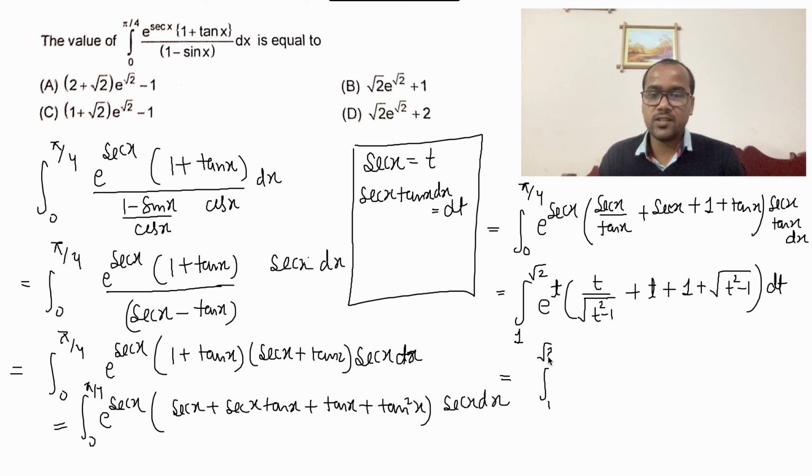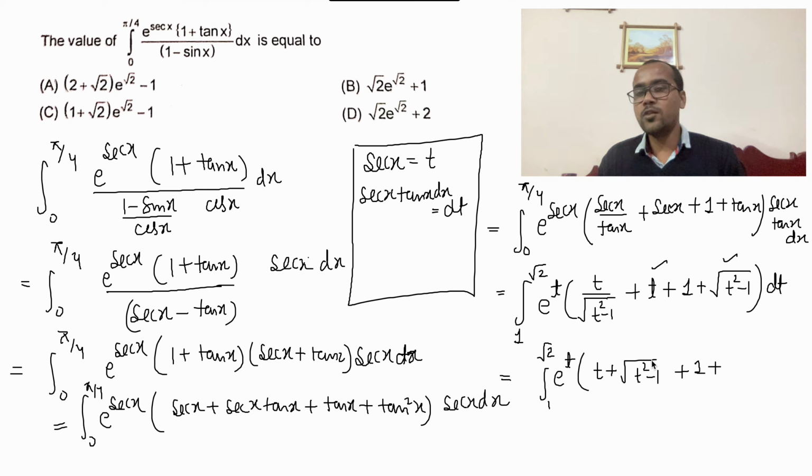That you can see very easily, e to the power t. If I take this t upon under root t square minus 1, you can see the derivative of t is 1, which is this, and the derivative of under root t square minus 1 is t upon under root t square minus 1. You can verify by differentiating under root t square minus 1.